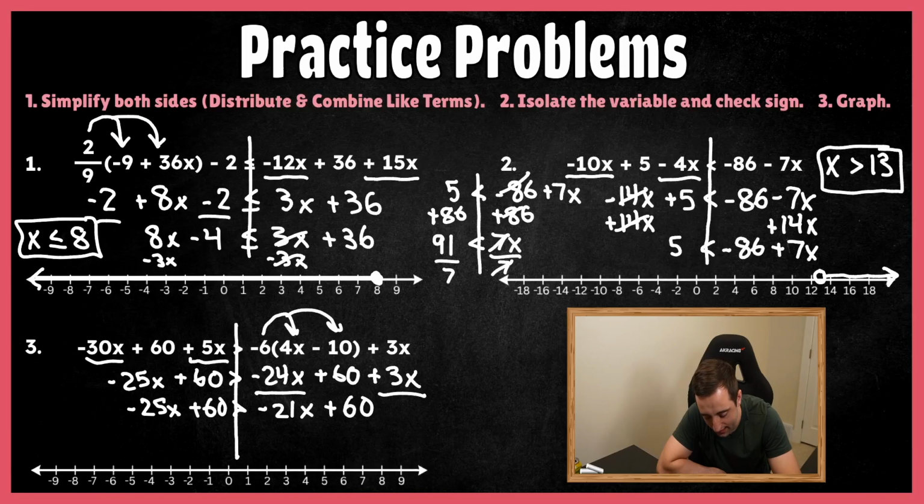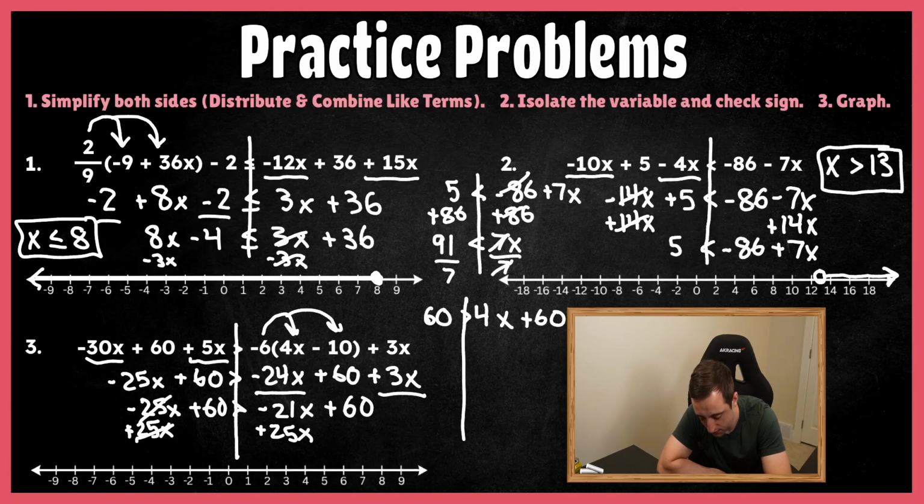So to avoid a negative, we are going to add 25x to both sides. These are going to cancel, and we now have 60 is greater than 4x plus 60. And now we can get x all by itself. So let's subtract 60 from both sides.